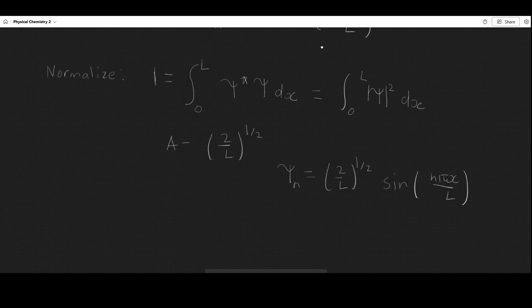We figured out what psi is, but again, like last time, our main goal was to figure out what E is. So how do we figure out what E is? Well, let's plug this psi in. Let's plug it into the Schrodinger's equation. So if we plug it into minus h bar squared over 2m del squared over del x squared psi of x, I'm not going to write it all out.